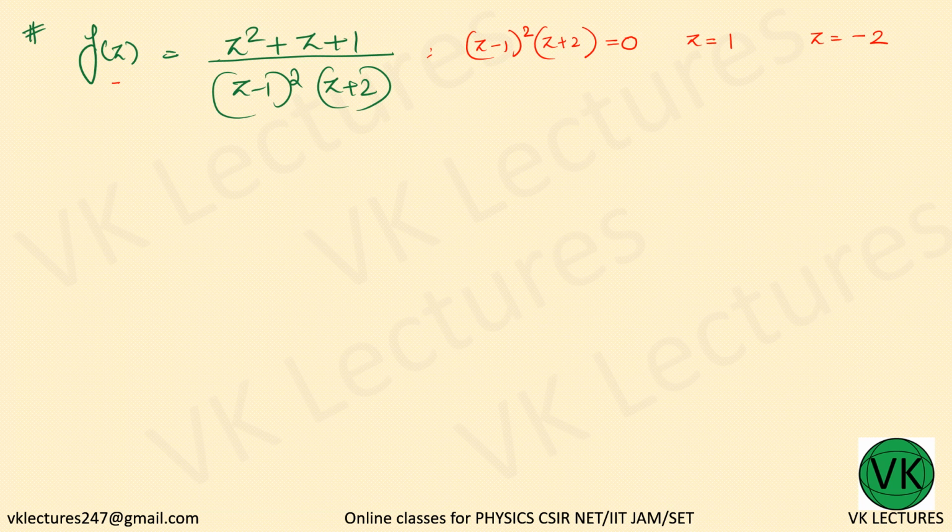So z equal to 1 is a pole of order 2, and z equal to minus 2 is a pole of order 1.